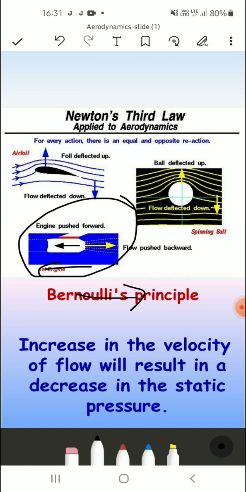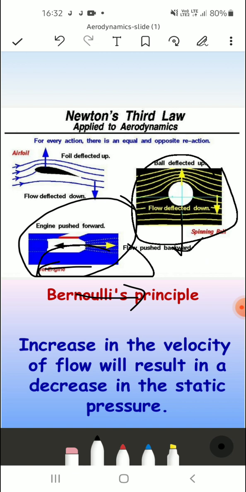This is the action and retarding forces working on the engine to accelerate the plane forward. These are the forces. Ball deflected back, and there is a spinning down motion. This is actually not the weight.